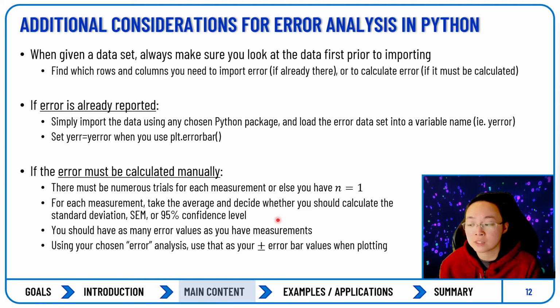So using your chosen error analysis technique, you then use your error value, whether it's standard deviation, standard error, or 95% confidence interval, and you use that as your plus and minus error bar values.